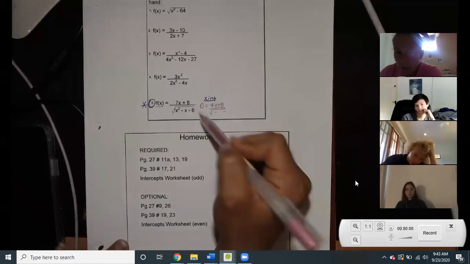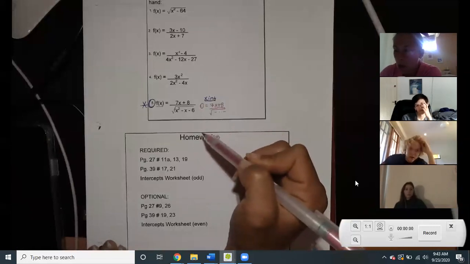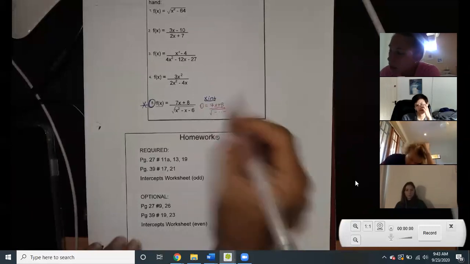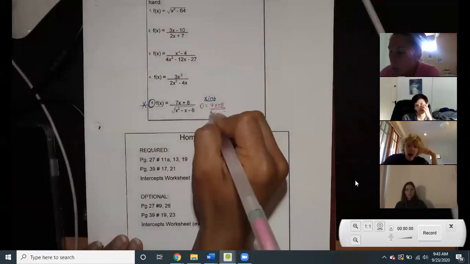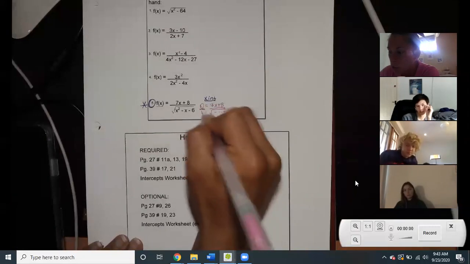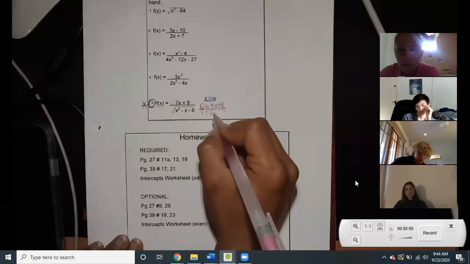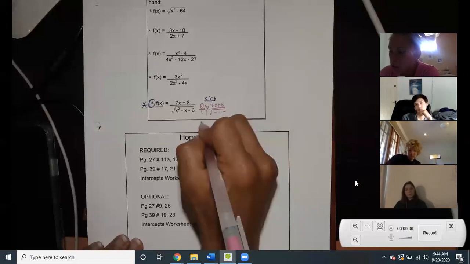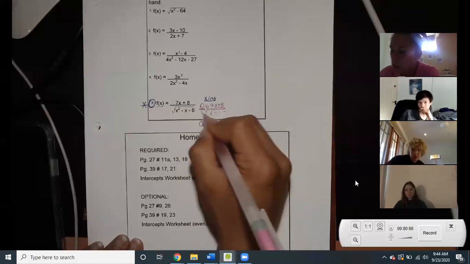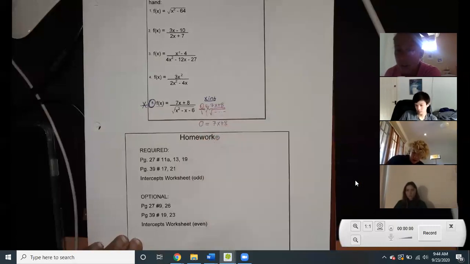Anytime you have a fraction and you set that fraction equal to 0, what's going to happen every single time is this: I would multiply the bottom over, or you can think about putting 0 over 1 and cross multiplying. Every single time, 0 gets multiplied by whatever's in the bottom, which just gives you 0, and then 1 times the top gives you back what's in the top.